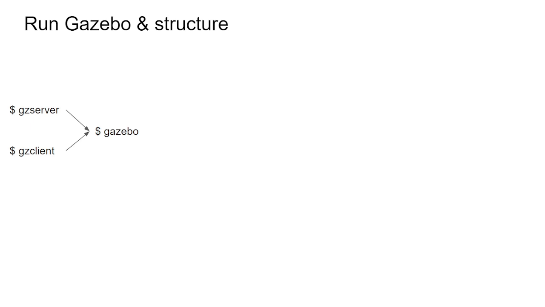Gzserver performs most of the heavy lifting for Gazebo. It is responsible for parsing the description files related to the scene we are trying to simulate, as well as the objects within. It then simulates the complete scene using a physics and sensor engine.